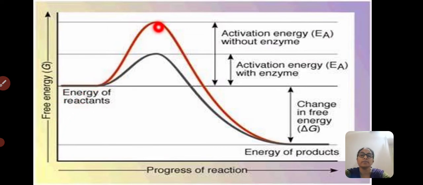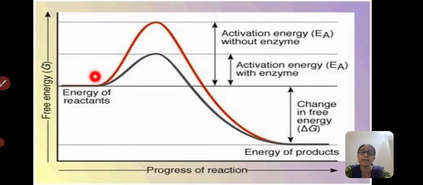So the mode of the reaction without the enzyme is this one, and the energy requirement is for making the molecules get the proper kinetic energy. Arrhenius tells some reactants will have the proper kinetic energy, so they can easily transform into products.